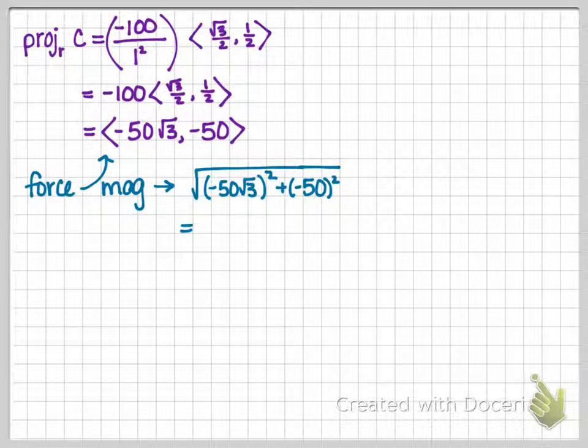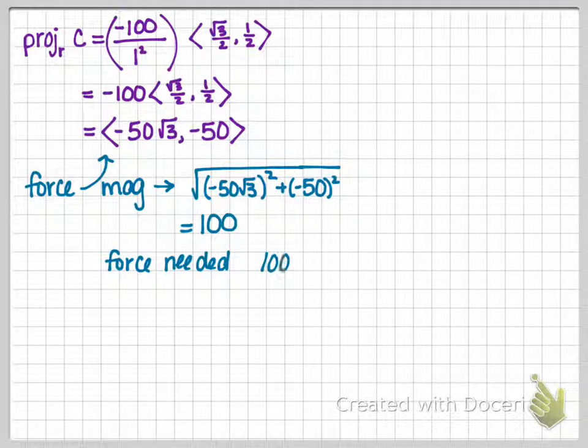So then when I throw that all into my calculator, believe it or not, that's going to end up being 100. So what is the force that is needed to stop that cart from rolling down the hill? The force needed is 100 pounds. So we need 100 pounds of force to get that thing to not move.